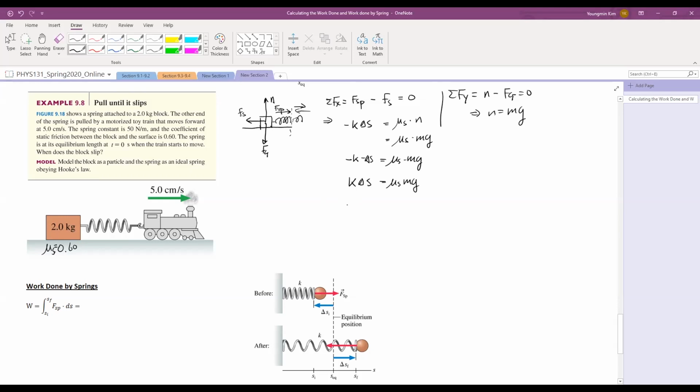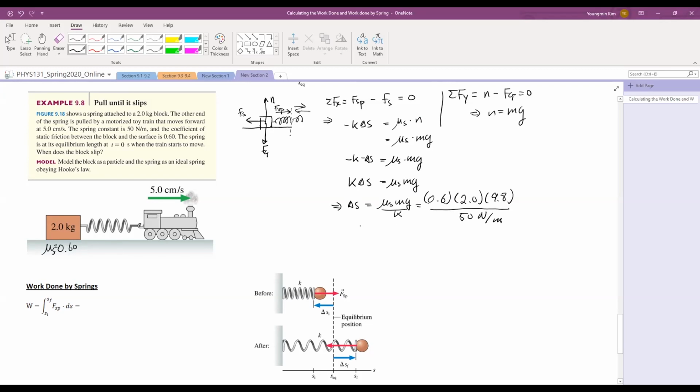Okay, so in this case, I can write delta s as mu m g divided by k. Here the static friction coefficient is 0.6, the mass of the block is 2 kilograms, and g is 9.8, divided by 50 newtons per meter.